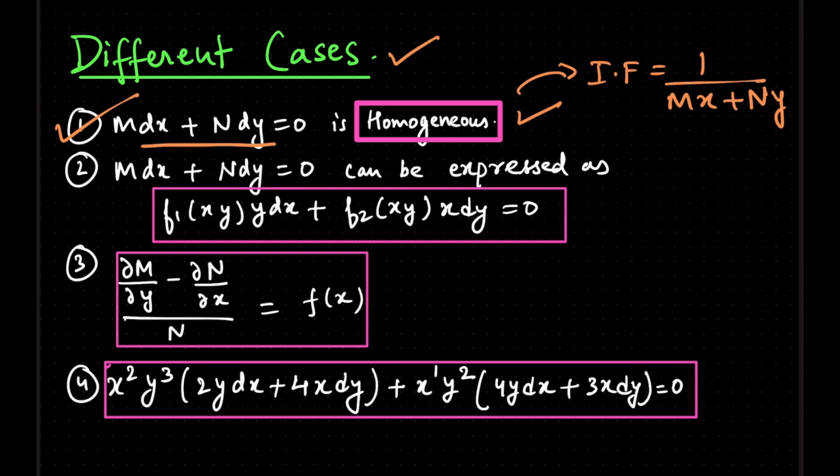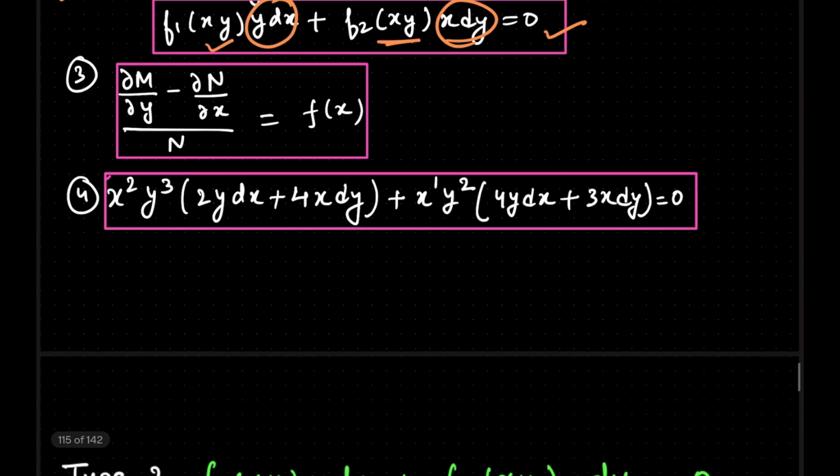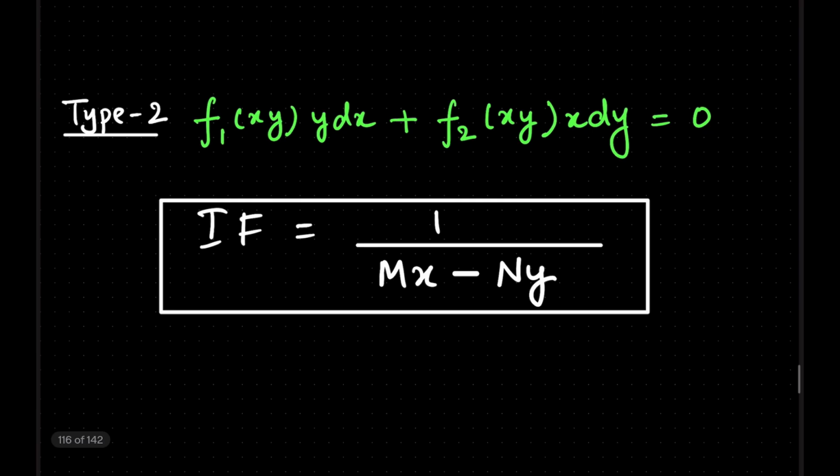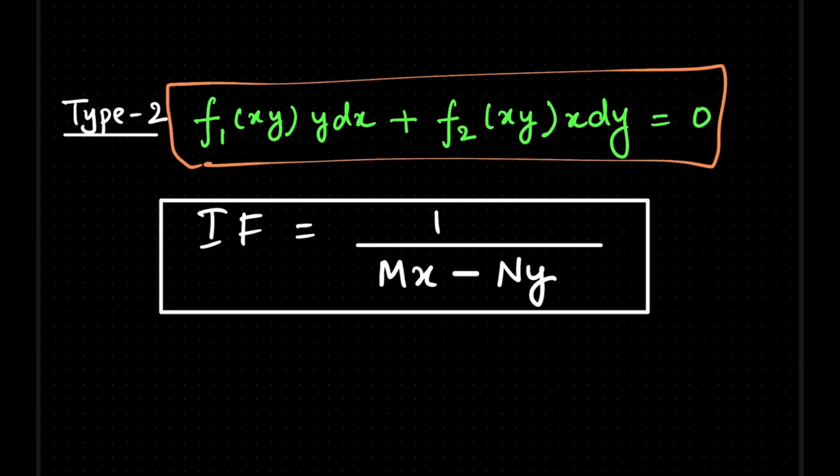So in today's class we will discuss the second type of non-exact differential equations, which can be expressed in the form f1(xy)·y dx + f2(xy)·x dy = 0. So this is basically the representation, and you have to keep this in mind.